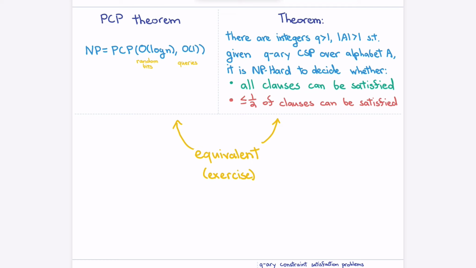Just like we did for 7/8 SAT, 7/8 or none. Just try a clause, any random clause, and if more than half of them are errors, then you have a 1 in 2 probability of finding the error. We don't even have to repeat for this one because it's already 1/2 for us. So that's a probabilistically checkable proof for this problem.